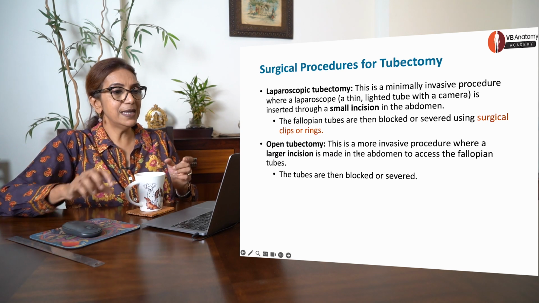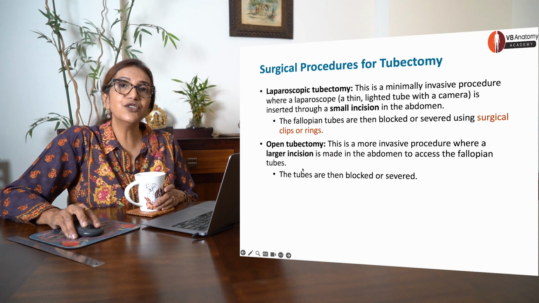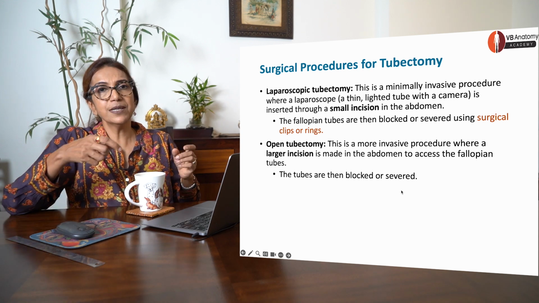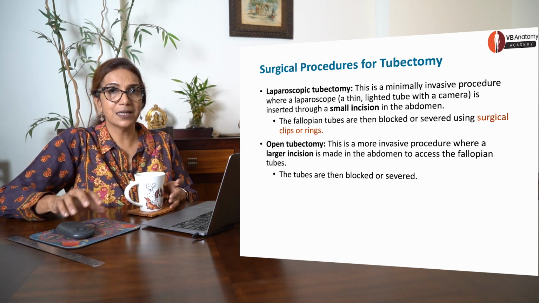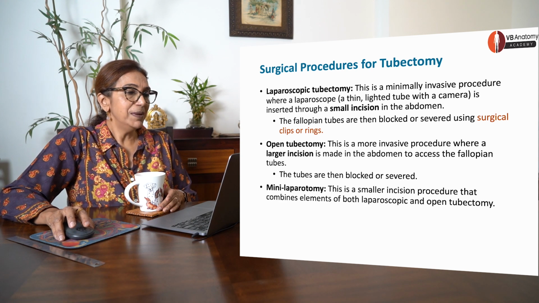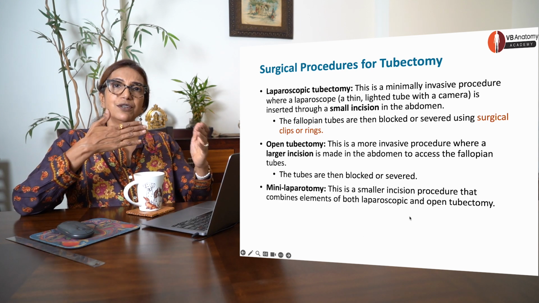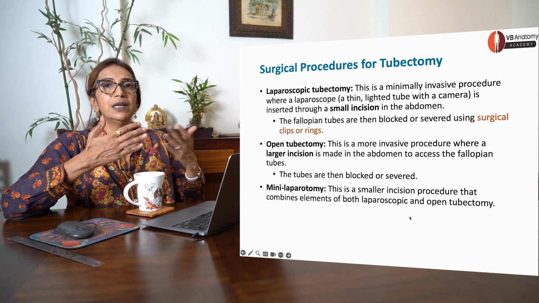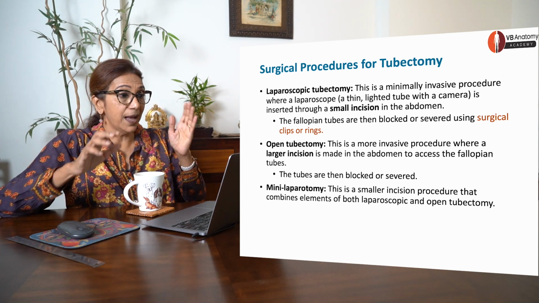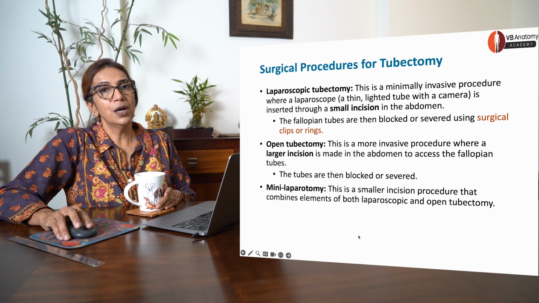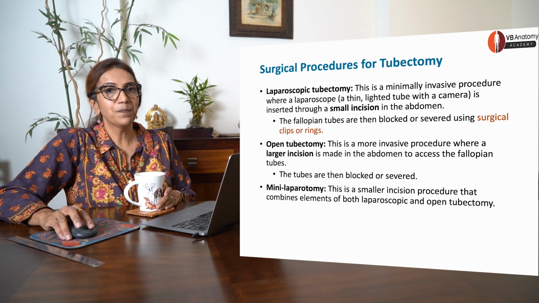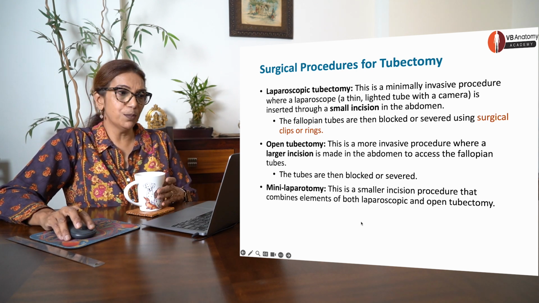Open tubectomy needs a rather large incision, and of course the tubes are picked up, tied, blocked or cut. Okay. Mini-laparotomy is a surgical procedure which is somewhere using both the laparotomy as well as open tubectomy, often done immediately post delivery of women. Okay. So these are ways in which tubectomies are done.